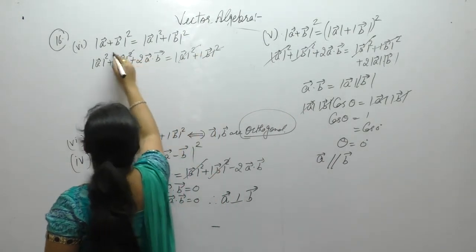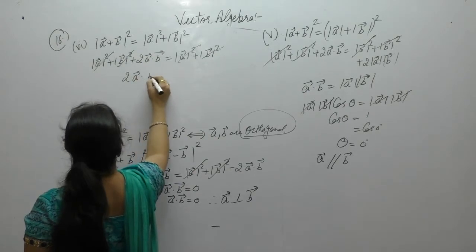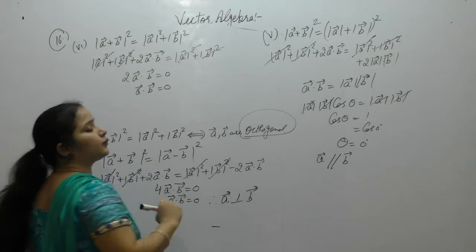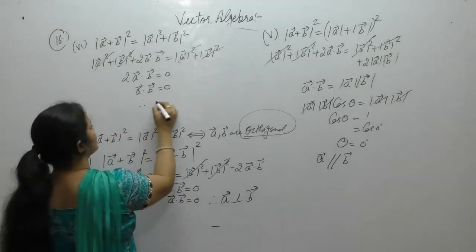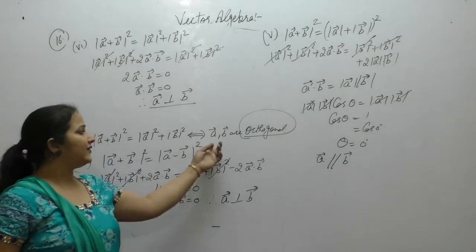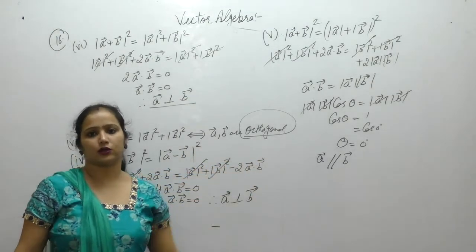This will get cancelled. So 2A dot B is 0. Dot product is 0, so the vectors are perpendicular, or we can say that A vector and B vector are orthogonal.